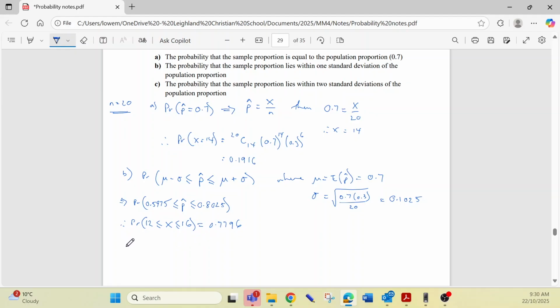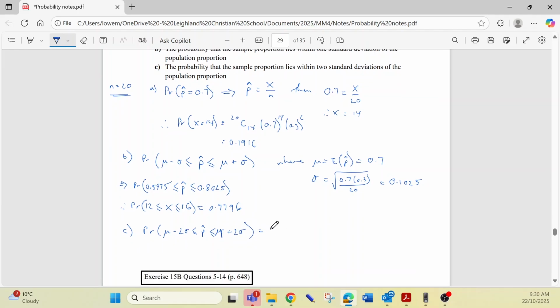For C, we're looking at mu minus 2 sigma, which is 2 times 0.1025 from and to 0.7, that works out to be 0.495 and 0.905, which when we relate that to x values is 10 and 18.